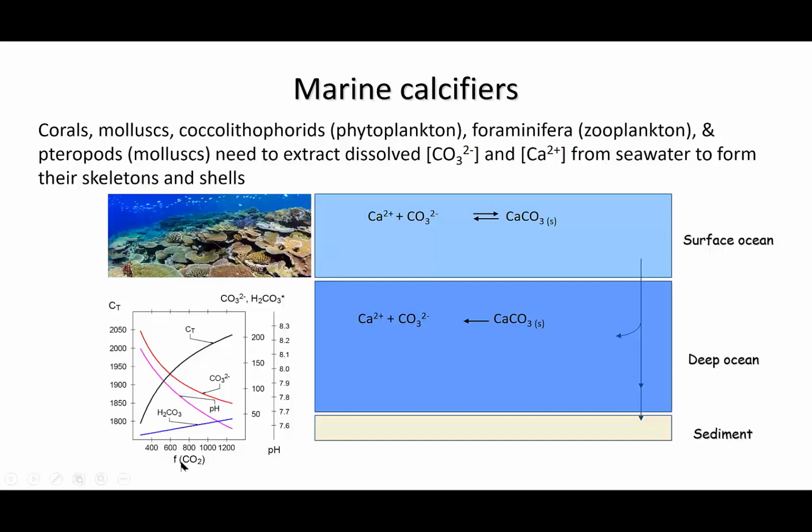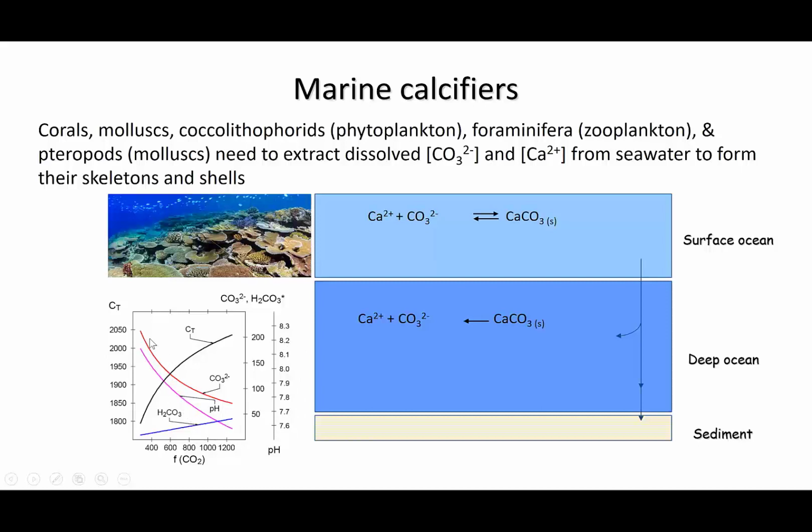Shown on the left here is the fugacity of CO2, or the parts per million of CO2 in the surface ocean, and showing how as this value increases, the pH decreases. The pH scale is here on the right.